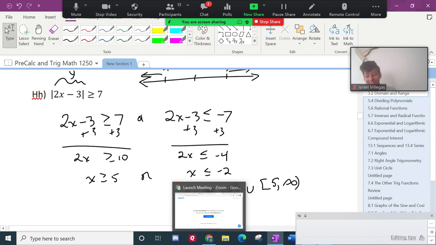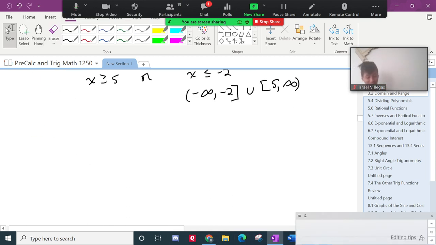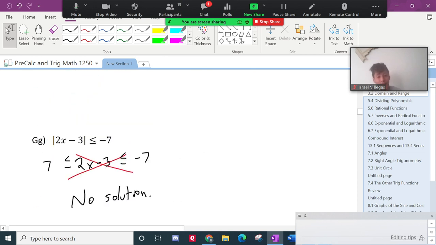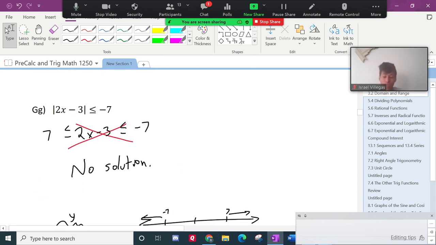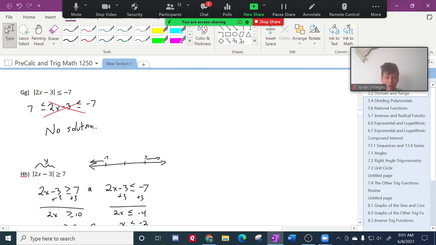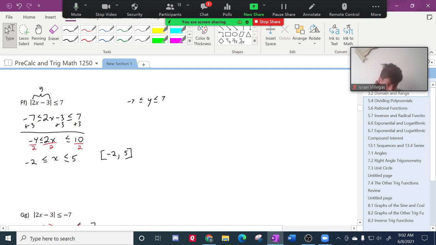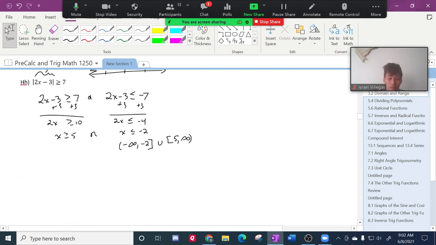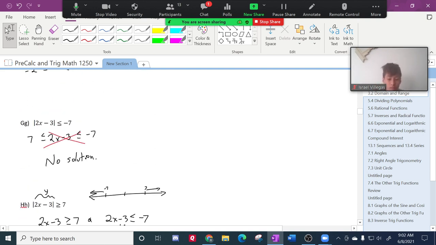Alright, and this time, feedback. Give me something on your comfort level with the last 3 problems, these absolute value inequalities. Like, I feel like I really got this down, I can handle all these kinds of problems, or I really need more practice on these.